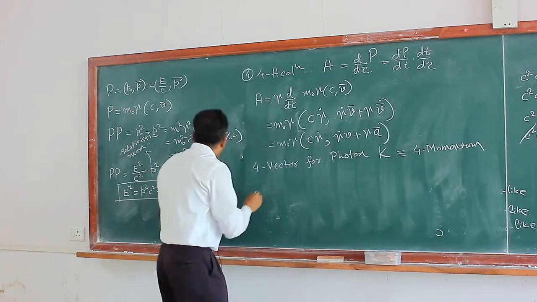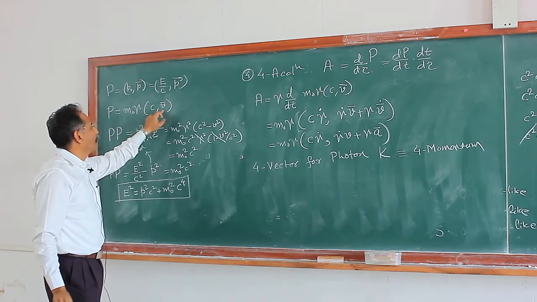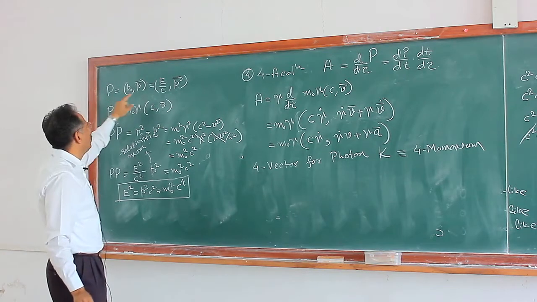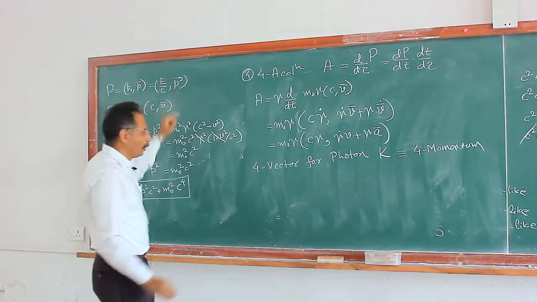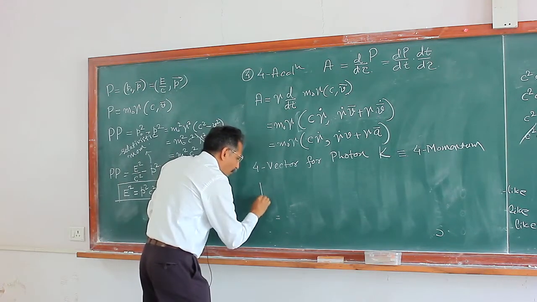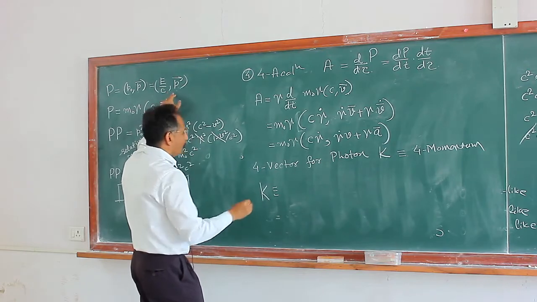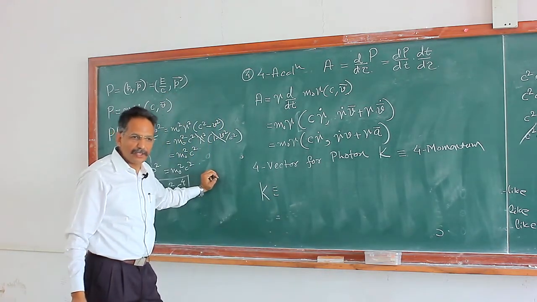So normally P we write m0 gamma c comma v. The basic definition is E by C, P bar. So the 4 vector K for a photon can be written as E, the energy of the photon, h nu.